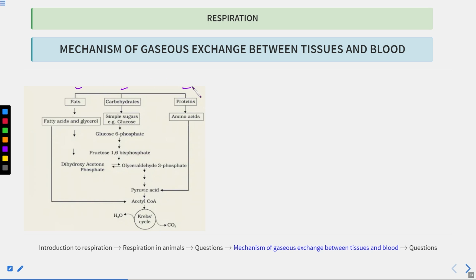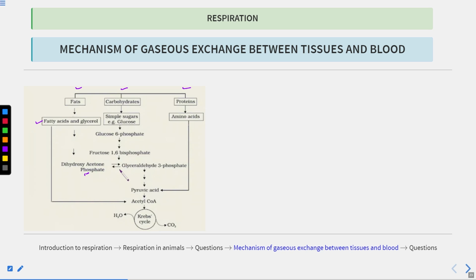Clear? So here you can see the fats are first converted into fatty acids and glycerol. You know fats are made up of fatty acids and glycerol. And then what happens? Glycerol is converted into dihydroxyacetone phosphate, which is also formed during glycolysis.